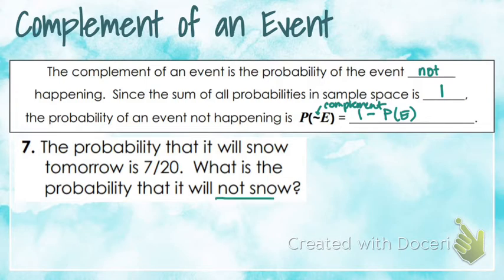What is the probability that it will not snow? So if 7 out of 20 chances say that it will snow, then there are 13 of those chances that say it won't. And we can see that by doing 1 minus 7 over 20. And when you type that in your calculator, you can do whatever you need to do to get this, but that equals 13 over 20.